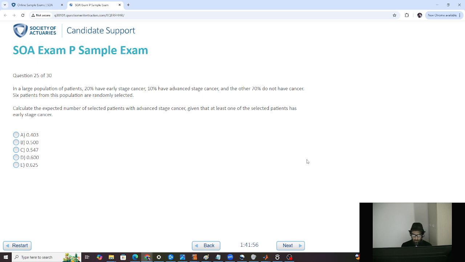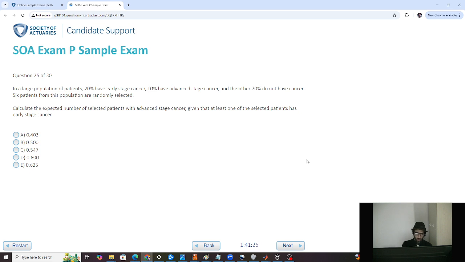So immediately, right, seeing it, if you just had the 10% with the advanced stage cancer, so if you didn't have the rule about at least one has early stage cancer, the answer would be 0.6. And the fact that at least one specifically has early stage cancer, so you're ruling out all the cases where none of them have early stage cancer.